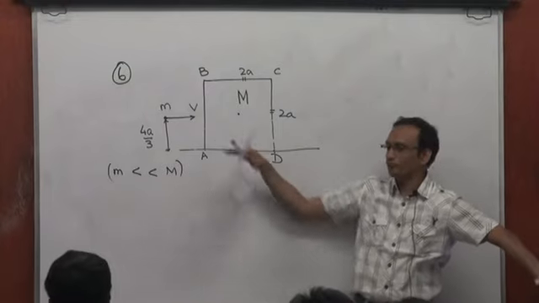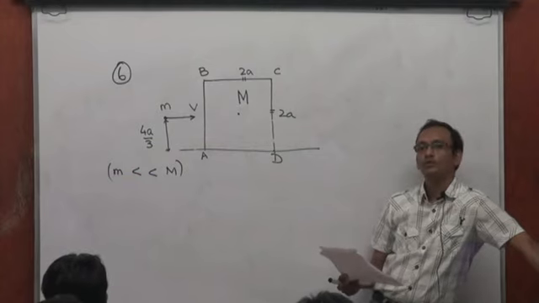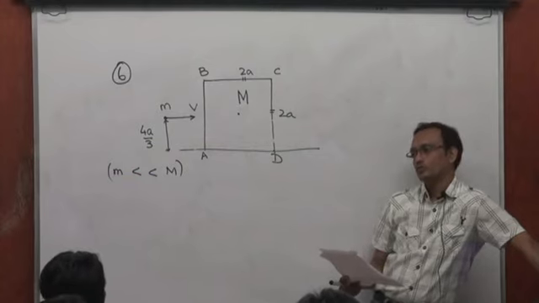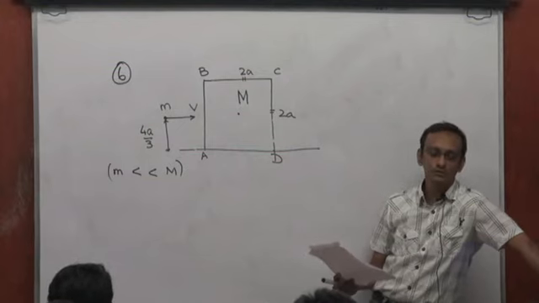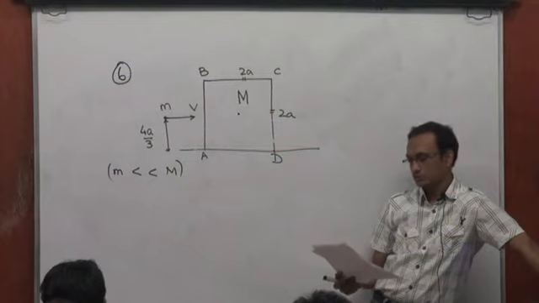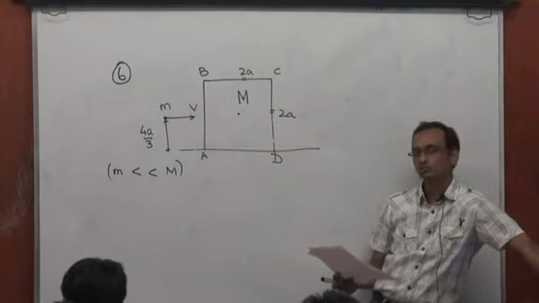Find the minimum value of v to topple the cube about D.